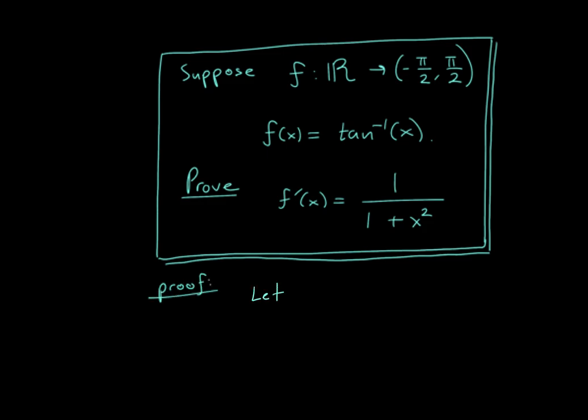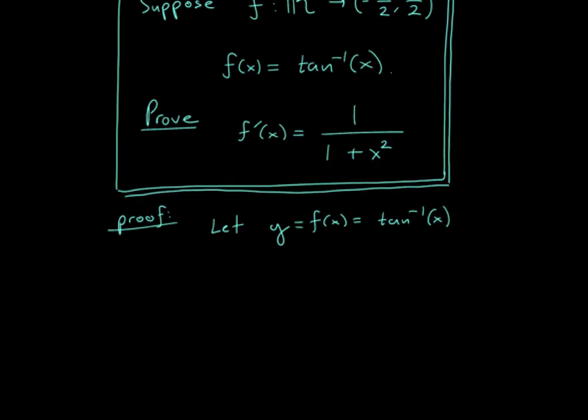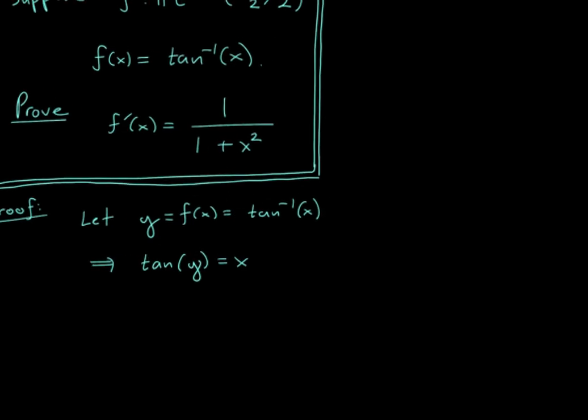Let y equal f of x, which equals tangent inverse of x. Okay. Well, wait a second. By definition of inverse functions, that means that tangent of y is equal to x. Okay, so you might ask why. This is like the definition of the inverse function.